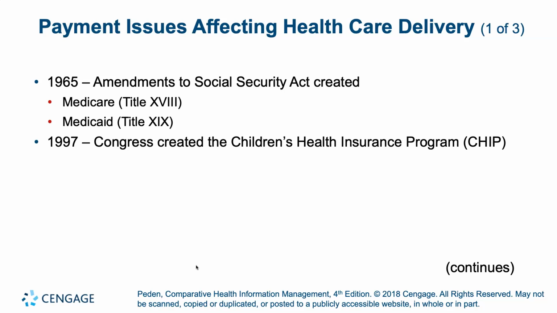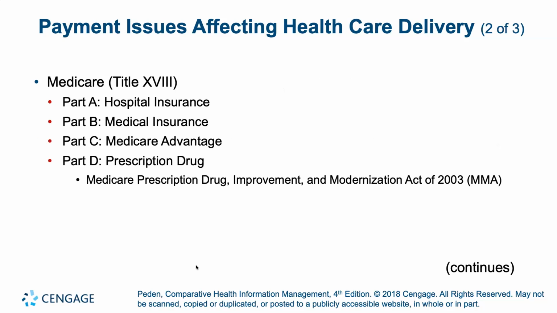I'm going to refer you back to that class and also to the information in your book. Just know that Medicare and Medicaid had a significant impact on healthcare delivery and healthcare reimbursement, and still do. In 1997, Congress created the CHIP program. And then, of course, we had many other things come through after that.